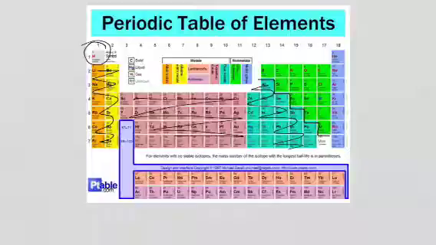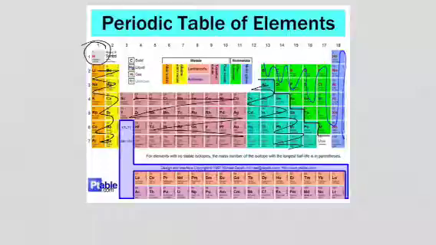But everything on the right side of the periodic table, so everything over here, these are your non-metals. They're not metallic, and that means that they have different behaviors and characteristics.